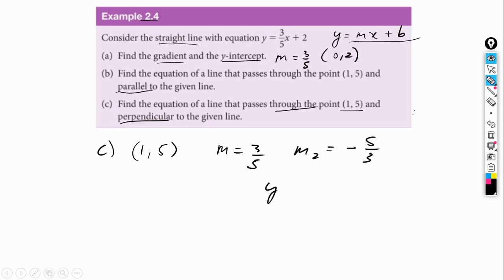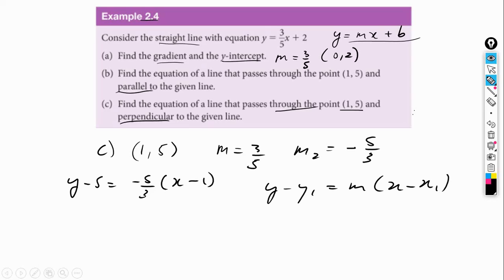So that's y minus y1 is equal to m times x minus x1. All we have to do is plug in everything. y minus 5 is equal to negative 5/3 times x minus 1. Rearrange, so y is equal to minus 5/3 times x minus 1 plus 5.